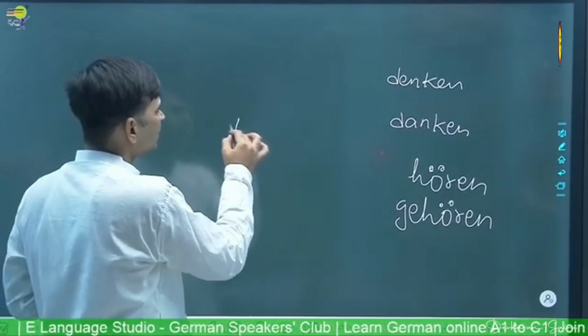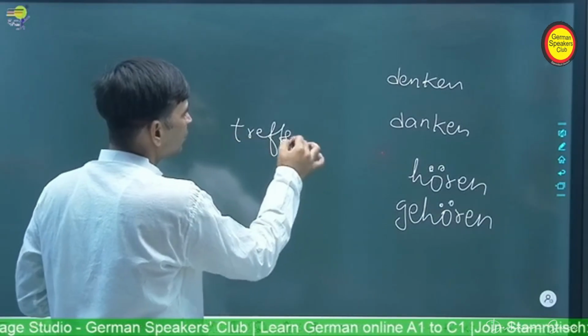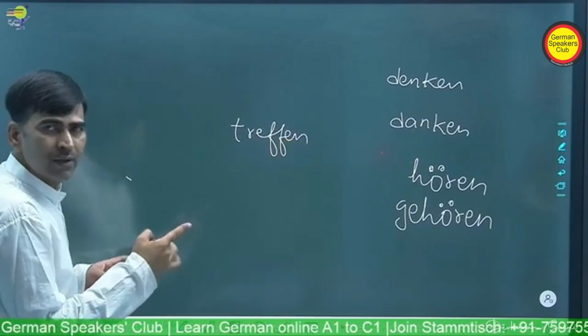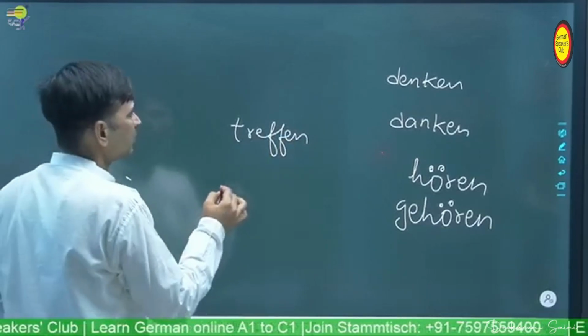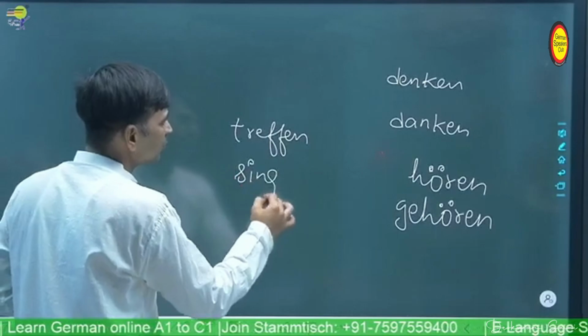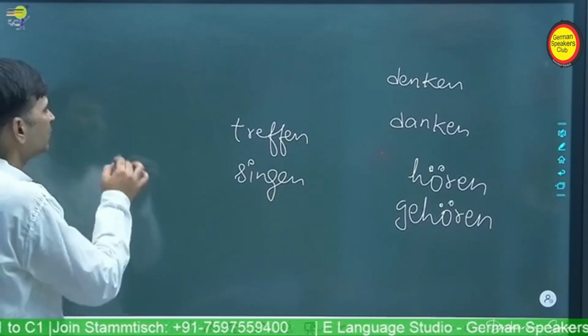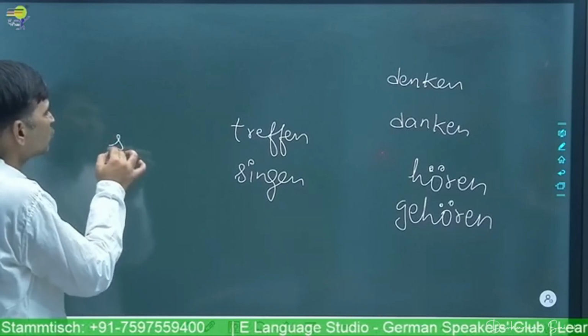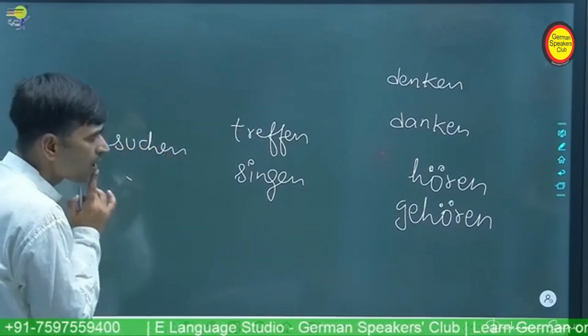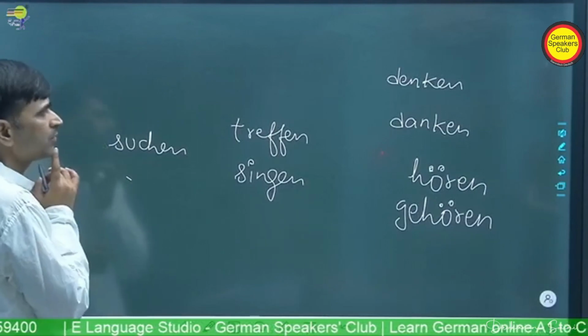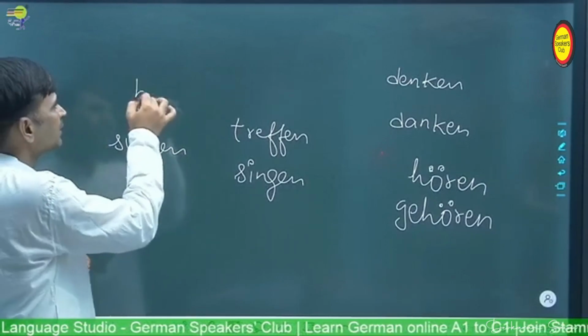Because in dative we had seen danken, right? Now this one, hören. Accusative. Yes, because in dative we had hören. Now don't say that these are similar verbs, suchen is a verb, but they're different. Accusative, right?